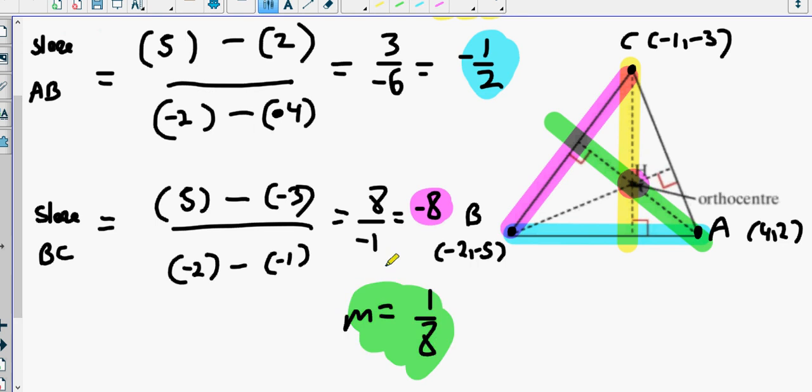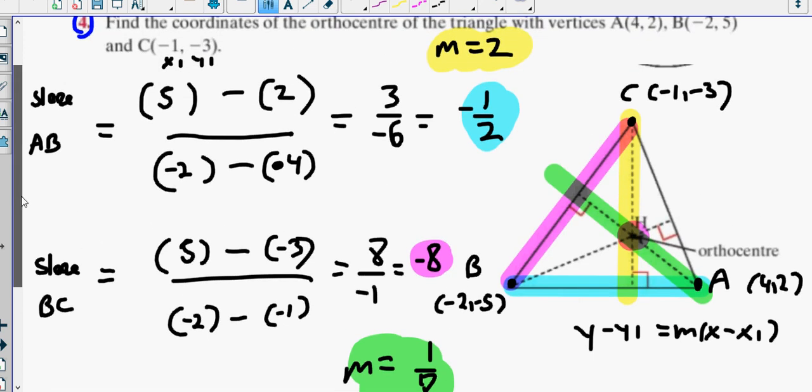Now, I have to find the equation of the line of the green and the yellow. So I'm going to do y minus y1 equals m into x minus x1. Let's start off with the yellow line, which is a m value of 2.